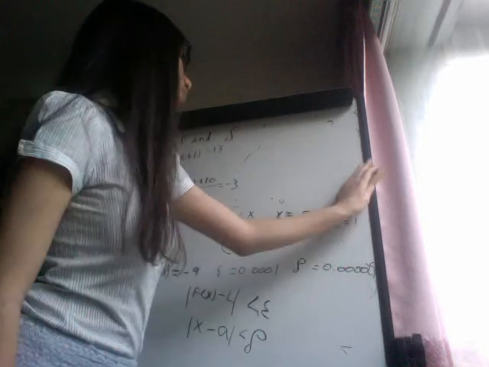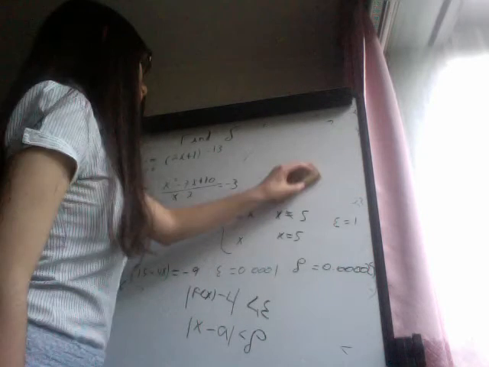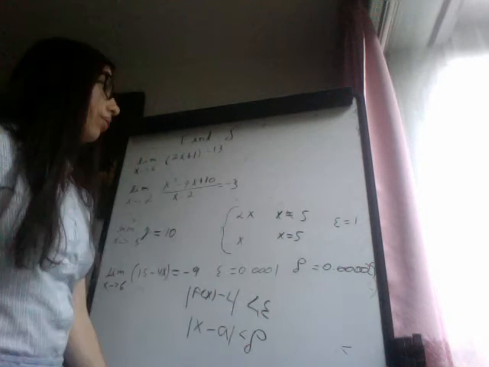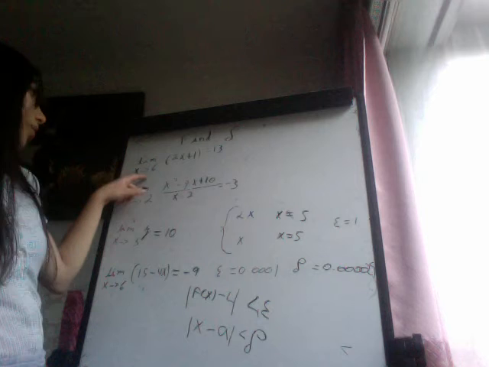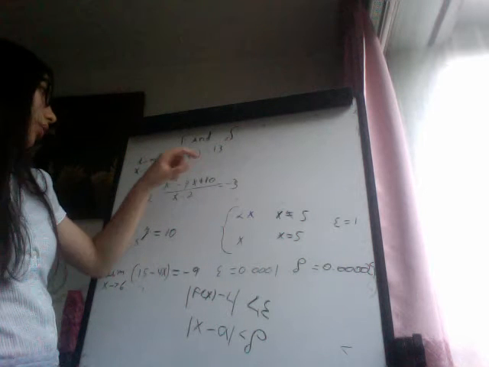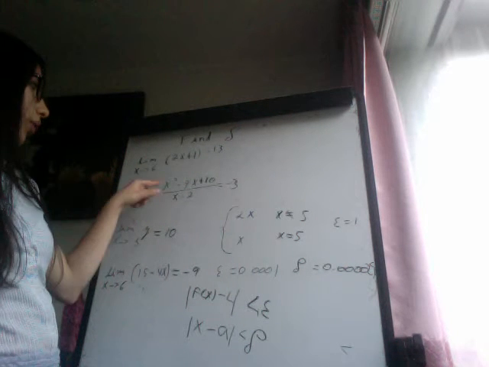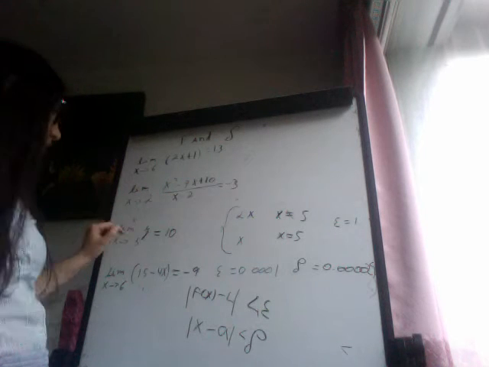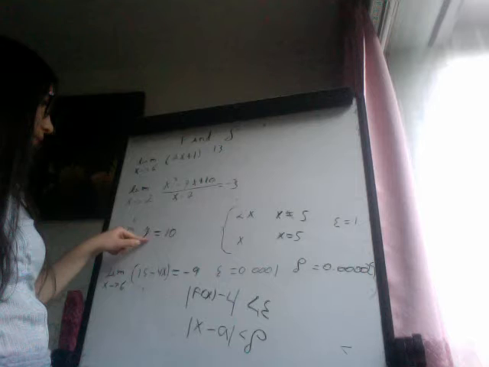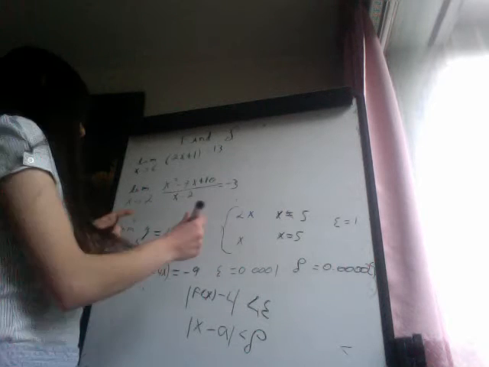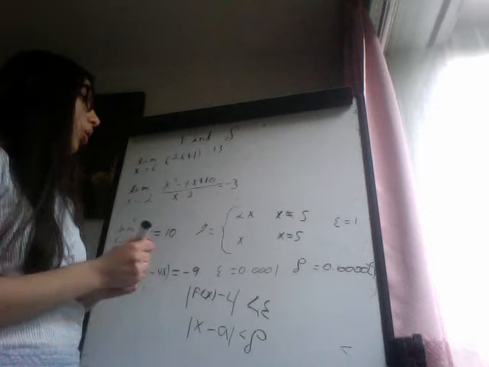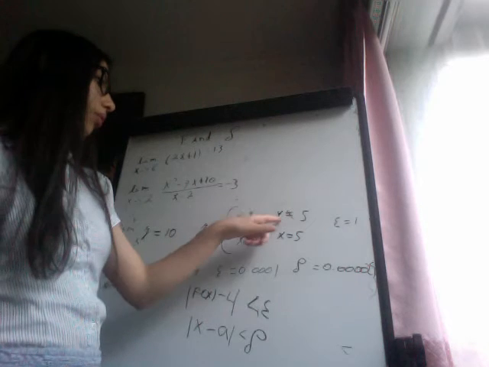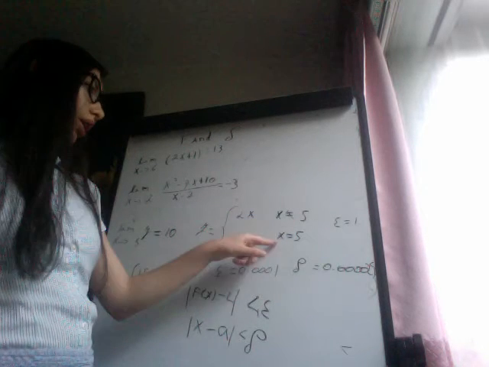So this was the example exercise. Now try to do the other ones by yourself. The limit as x approaches 6 of 2x plus 1 is equal to 13. The limit as x approaches 2 of x squared minus 7x plus 10 divided by x minus 2 is equal to negative 3. The limit as x approaches 5 of y is equal to 10, with y being equal to 2x for values of x different than 5, and 5 when x is equal to 5.